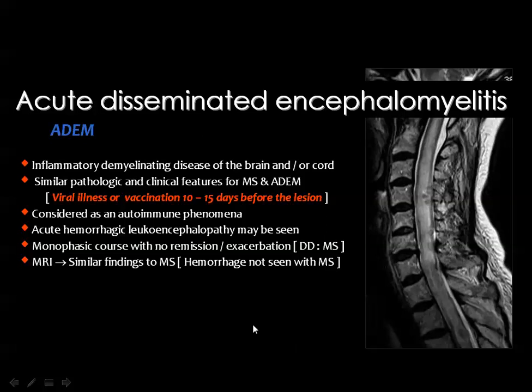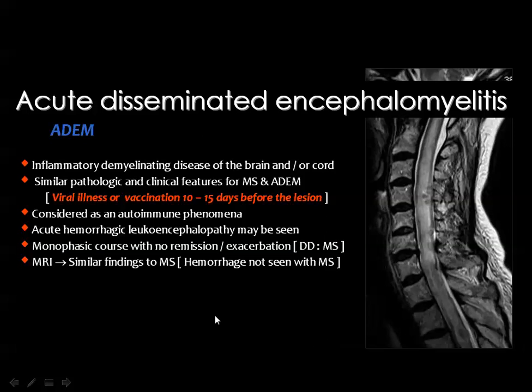In ADEM, and I have explained this inflammatory process in the lecture on brain infection, this is an acute demyelinating disease which affects the brain, and sometimes it can also affect the cord.